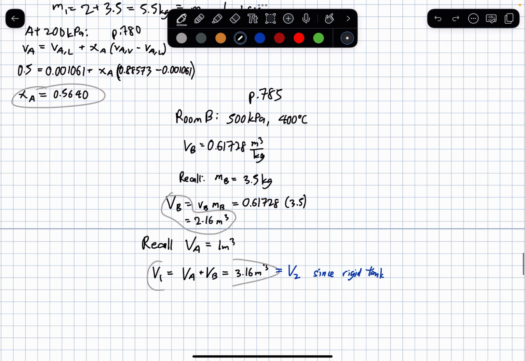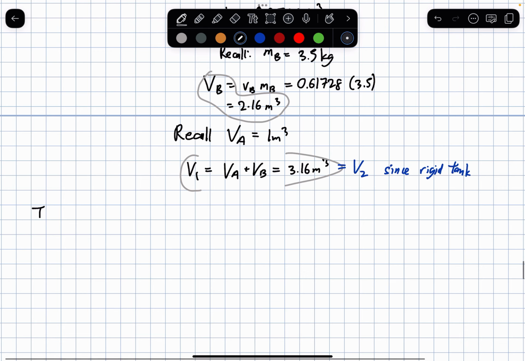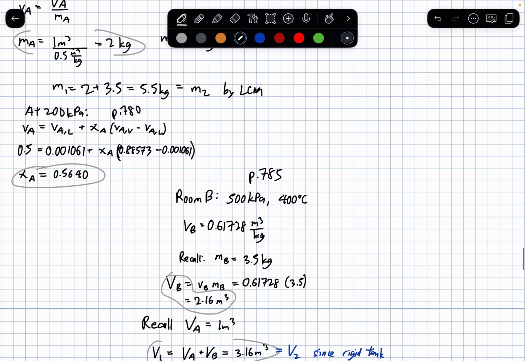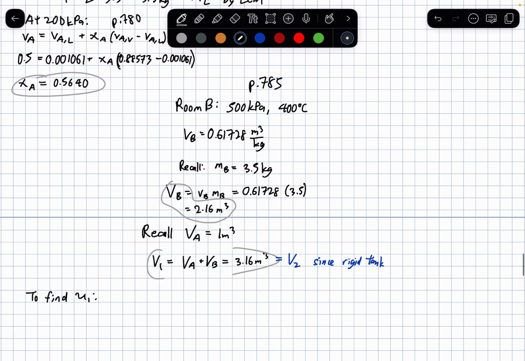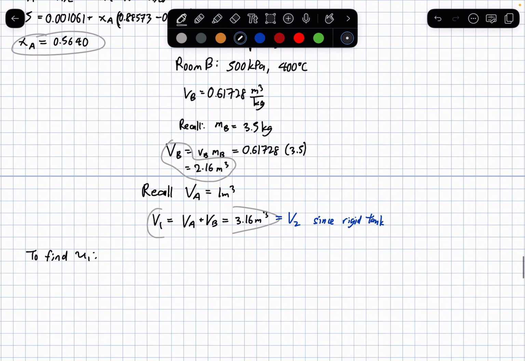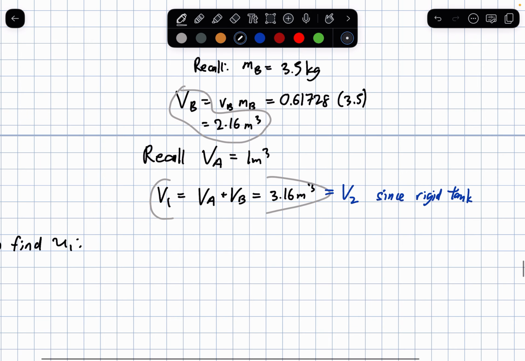How? To find u sub 1, what's the... What is the mass 1? That is 5.5 kilograms, no?